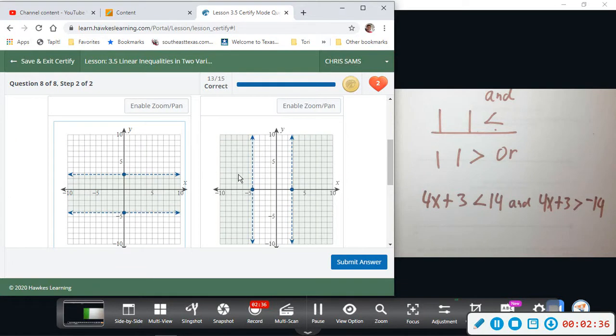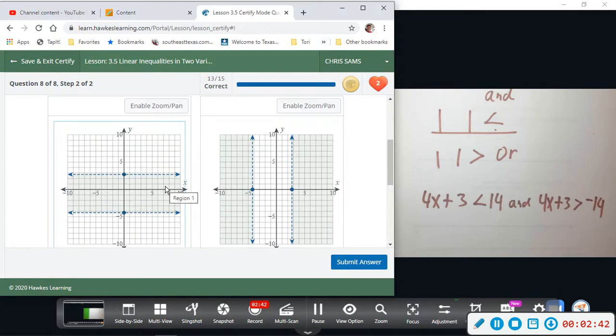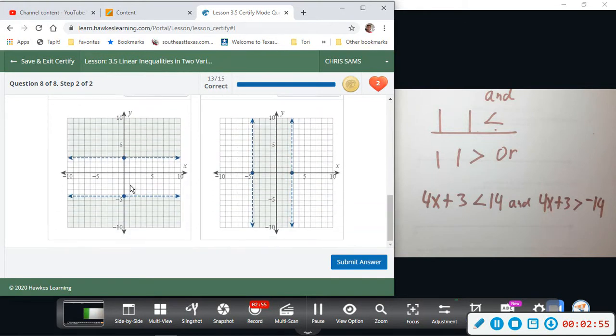Now part 2 wants us to actually graph these two and show the shading. I know the shading is going to be in the middle, because it says "and." The ones that have the shading on the outside, I would definitely throw out. So we have 4 options.